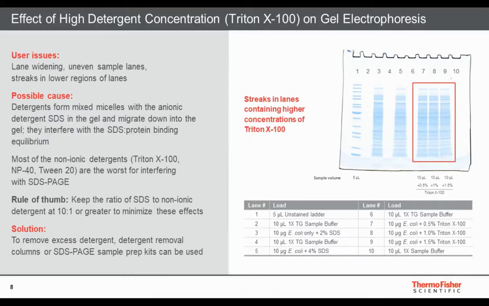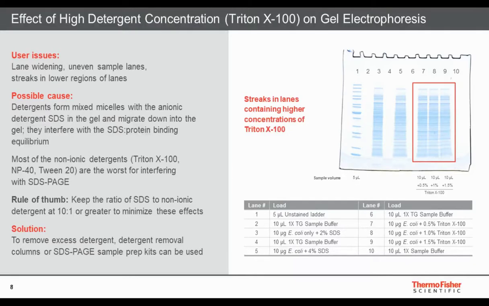The cause of such an effect on gels is that the detergent forms mixed micelles with the anionic detergent, which is SDS, which is present in the gel and which migrates down into the gel. This non-ionic detergent can interfere with the SDS protein binding equilibrium. Most of the non-ionic detergents like Triton X100 are the worst when it comes to interfering with SDS-PAGE.